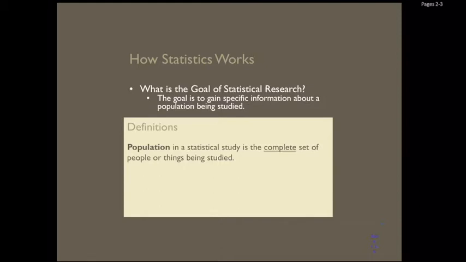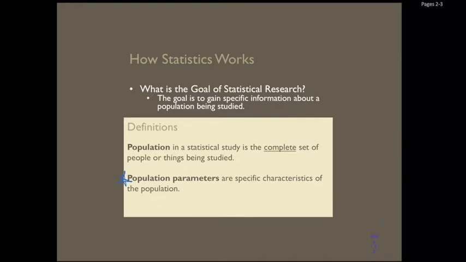So the population in a statistical study is the complete set of people or things being studied. And population parameters are the specific characteristics of the population. So the census, for example, surveys the entire population, or really, really close to it, as much of it as possible, in the United States, and uses that information to come up with population parameters.